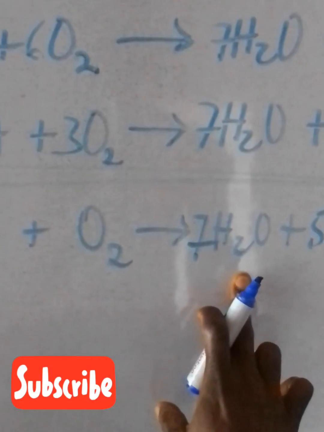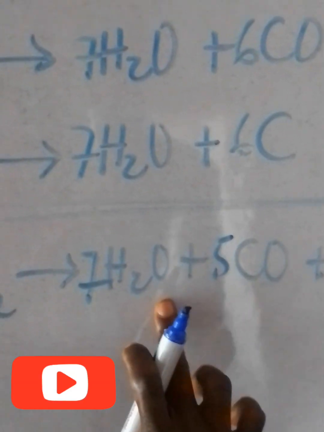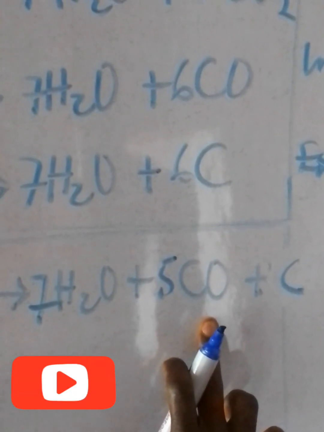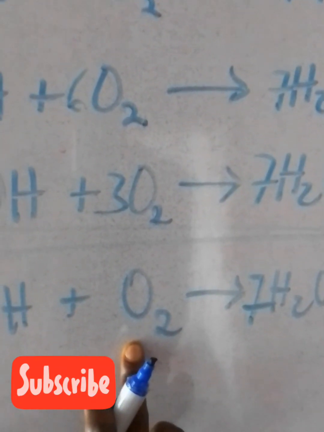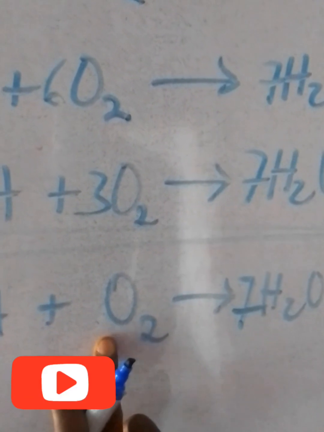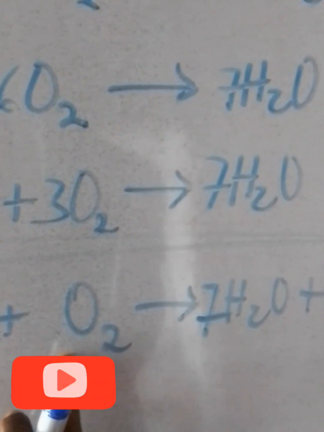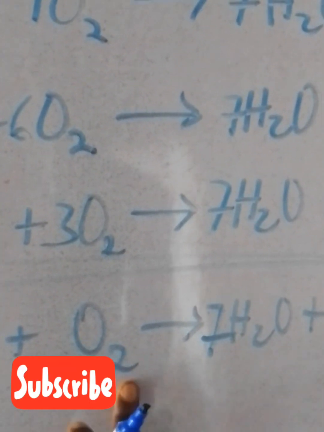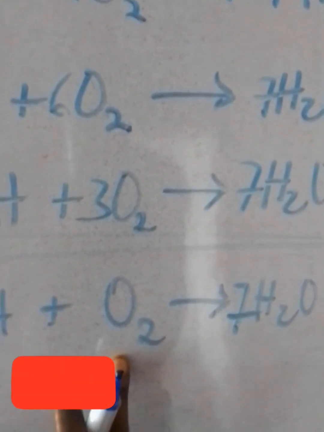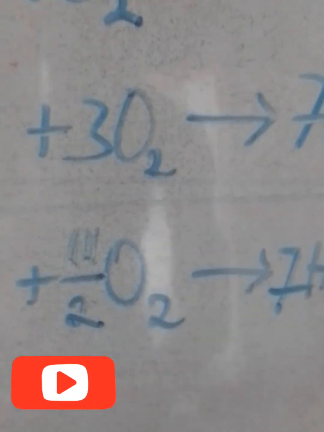So now, after balancing hydrogen, oxygen is 1 plus 2, 3. And here, 7 plus 5 is 12. To make 12 here, 1 is here already, remaining 11. There is no whole number that will multiply 2 to get 11, so you write 11 over 2.